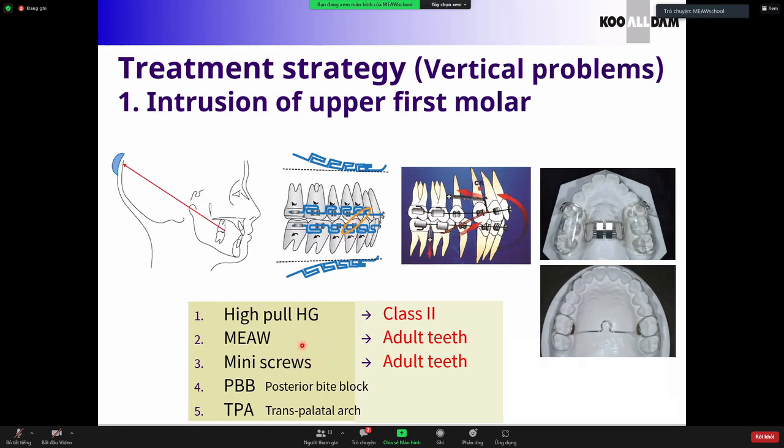However, this appliance can be used only after eruption of the lower second molar. Another appliance is PBB, posterior bite block, and the transpalatal arch, TPA.